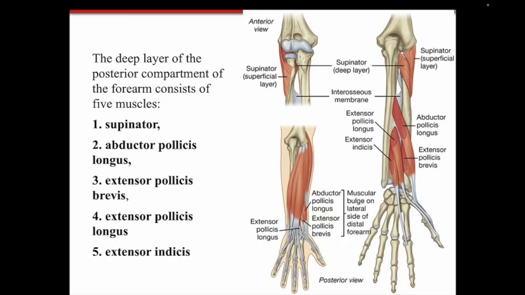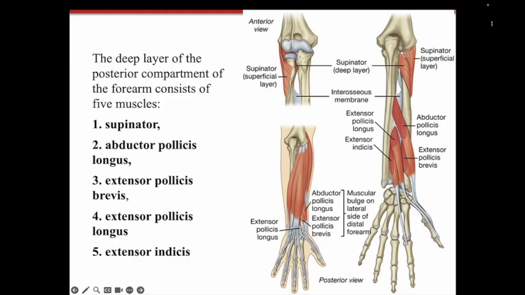Once you cut the posterior superficial layer, you get the supinator, the abductor pollicis longus, the extensor pollicis brevis, the extensor pollicis longus, and the extensor indicis. These muscles are easier to see once you cut the other ones, and they are better seen from the perspective of the tendons.